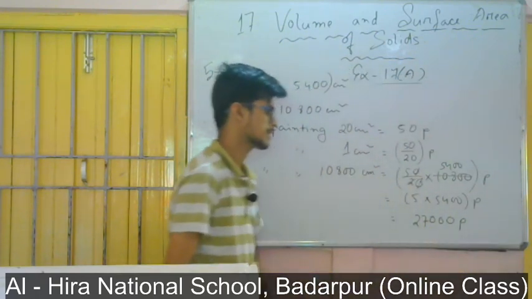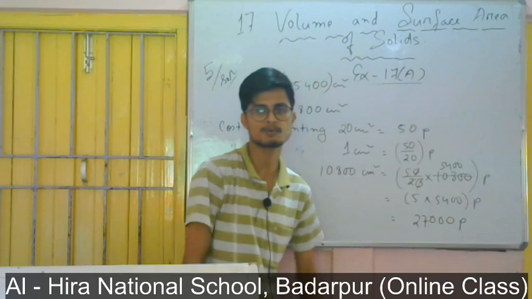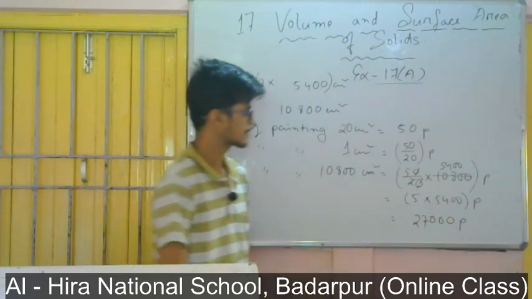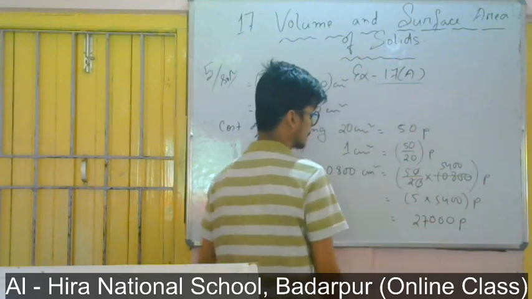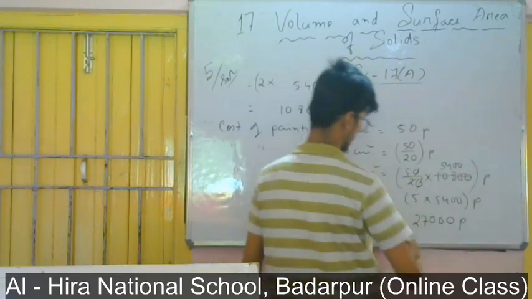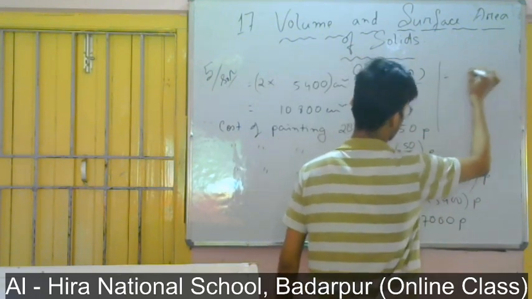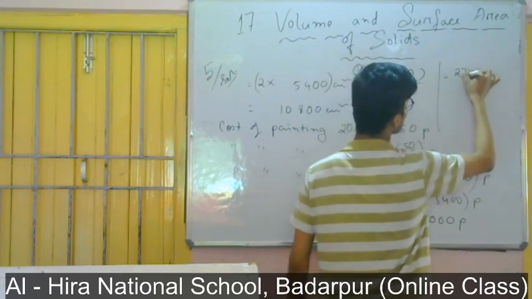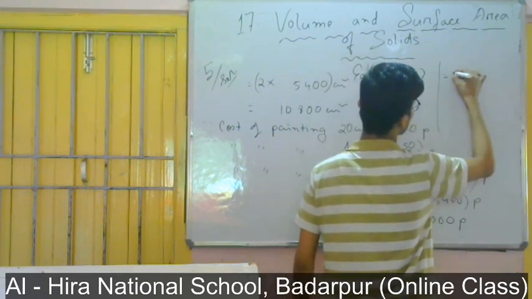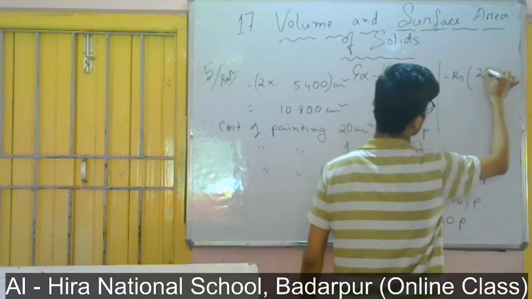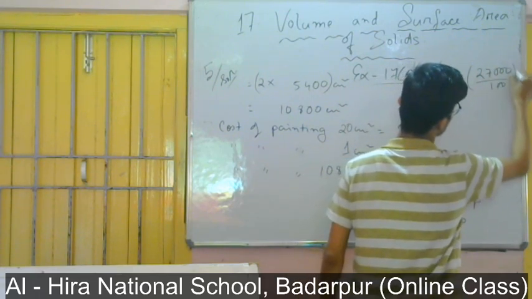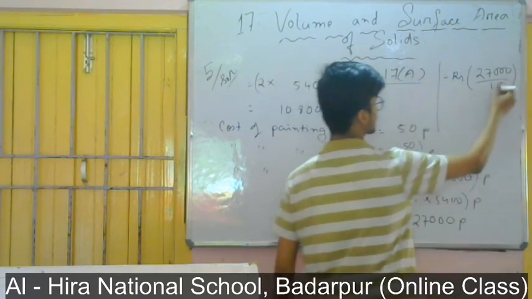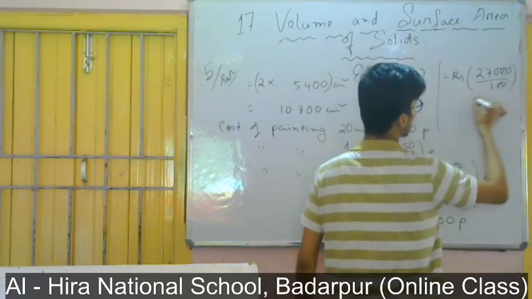But you see it is such a large number, that means I have to convert it into rupees. So if I want to convert it into rupees, simply I will divide it by 100. Okay, I am doing it here. Equals to 2700 paisa, here you give rupees 27, then 3 zeros are there, divided by 100, I am converting from paisa to rupees, I have to divide it by 100.